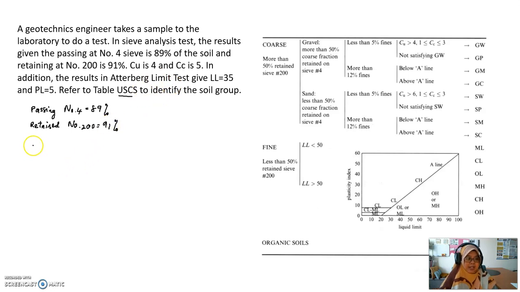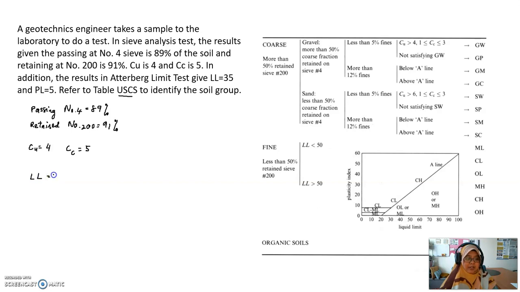They also obtain the CU parameter, the coefficient of uniformity, equal to 4, and CC, the coefficient of gradation, for the sieve test is 5. In addition, they also perform the Atterberg limit test, which gives us the liquid limit.